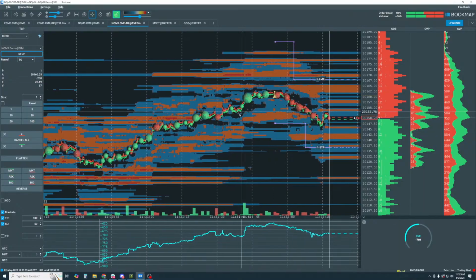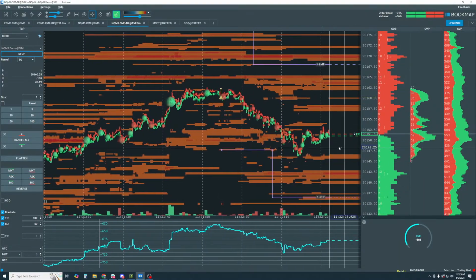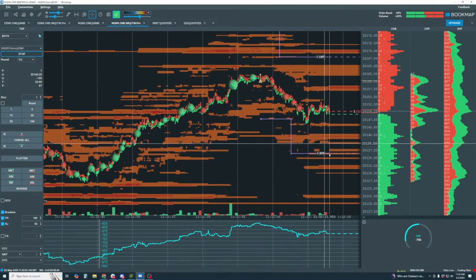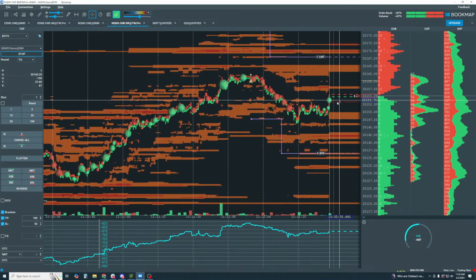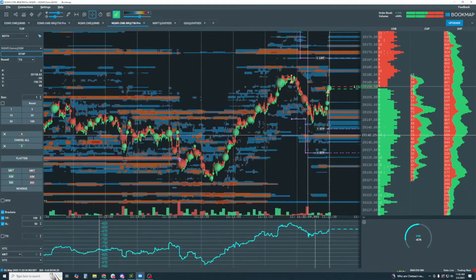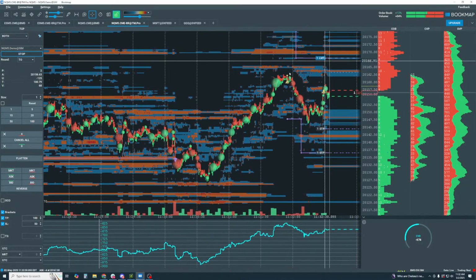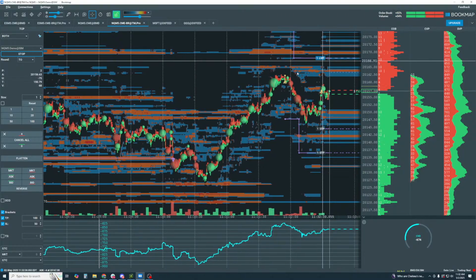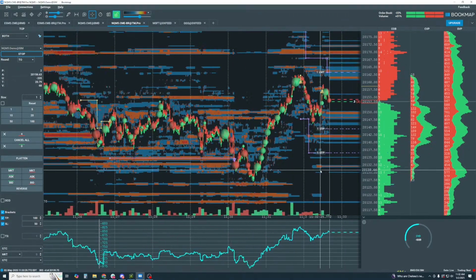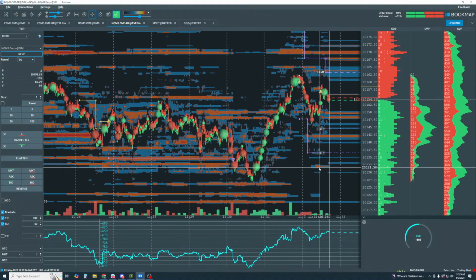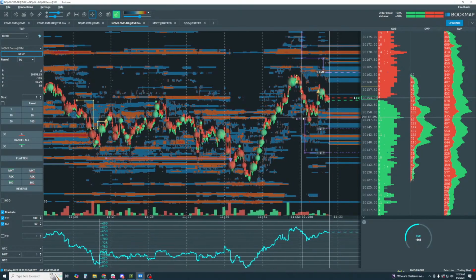Nothing yet. Okay, there they go. And we're going to be a little more active here. Beautiful pullback here.